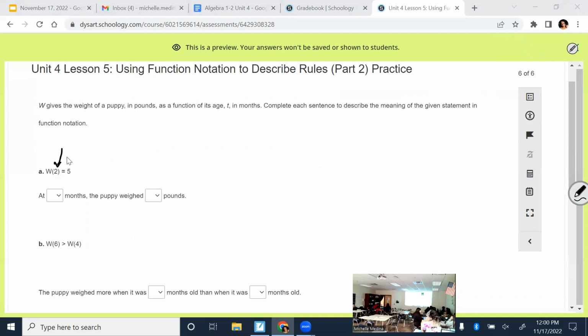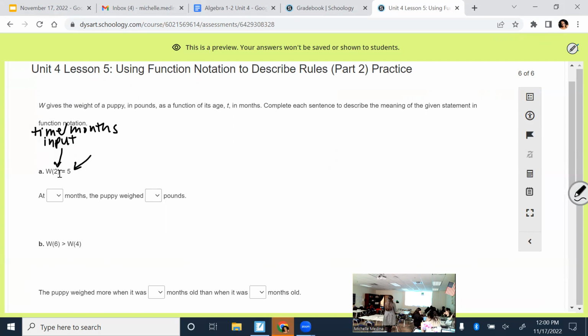We have something that was either time or weight. The input is independent, right? So what's independent, time or weight? Time. Time is almost always the independent one. So that one would have to be time, and we're talking about months in this one.